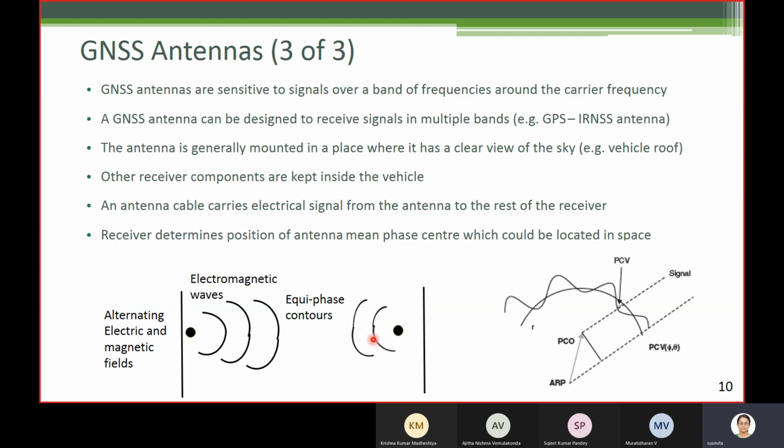These are all equiphase contours from a receiver antenna point of view. Perfect spheres. Now for a receiving antenna, the phase center is the point where the electromagnetic wave is converted into electric signal. In case of an ideal antenna, it will be just a single point.